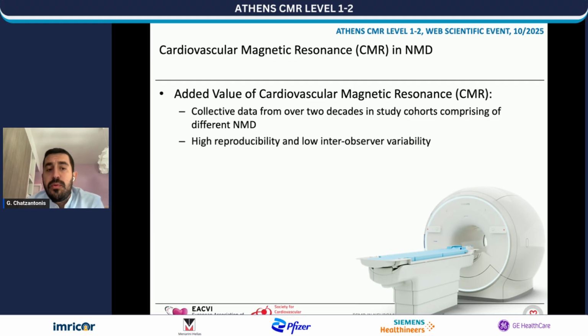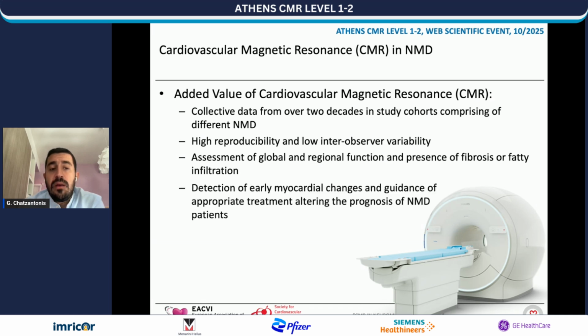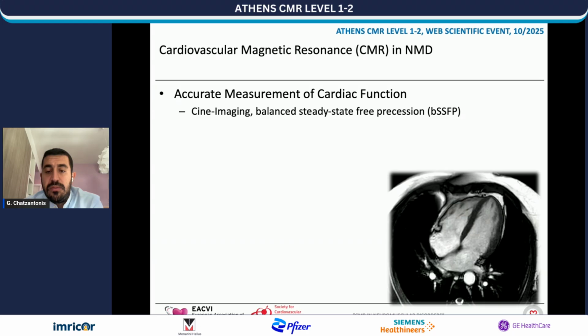We have high reproducibility of this data and low inter-observer variability. We can assess global and regional function and presence of fibrosis or fat infiltration, detect early myocardial changes, and guide appropriate treatment, altering the prognosis of these patients.